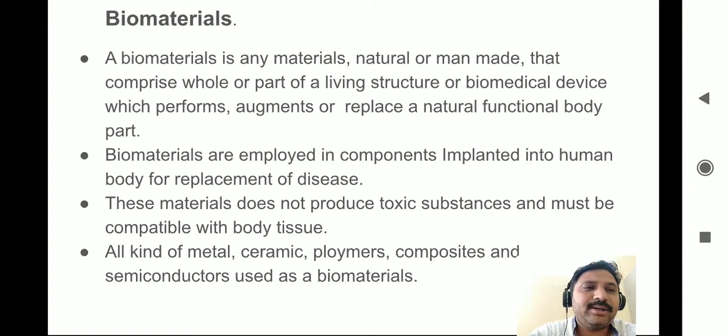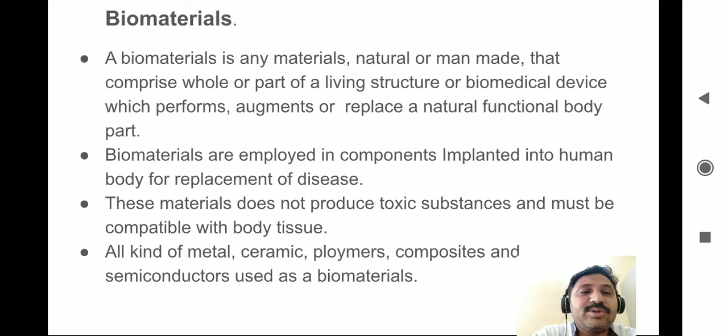That removes the pain or other disease related to your tooth. That is a biomaterial that cannot create any kind of toxic impact or harm us.